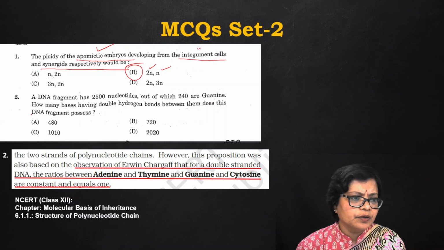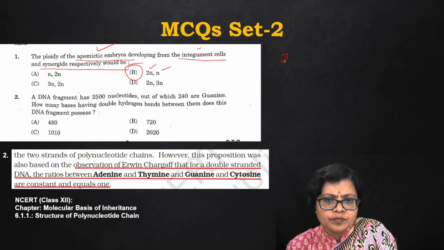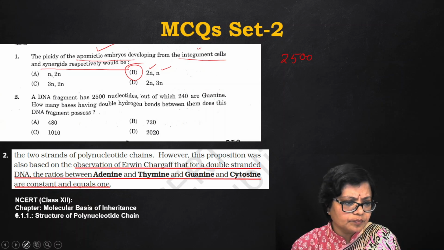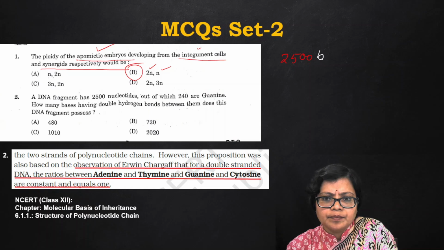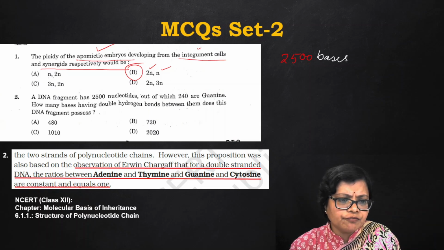Next. Question number 2: a DNA fragment has 2500 nucleotides, that means 2500 bases, out of which 240 are guanine.